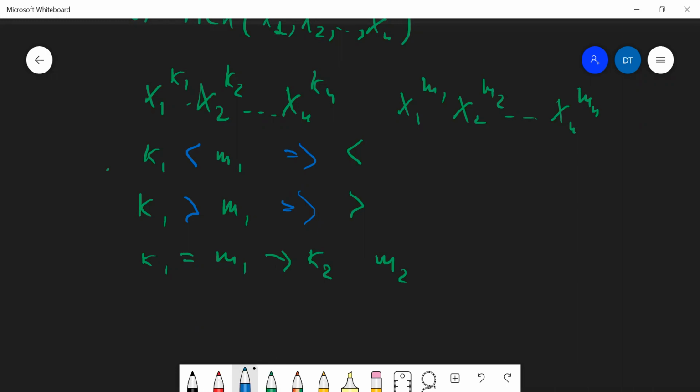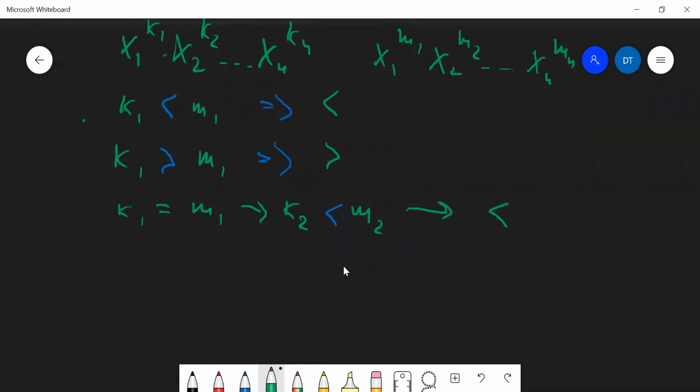And again, if k2 is smaller than m2, I define the first monomial to be strictly smaller than the second one. If k2 is strictly larger than m2, I define the first monomial strictly larger than the second one.